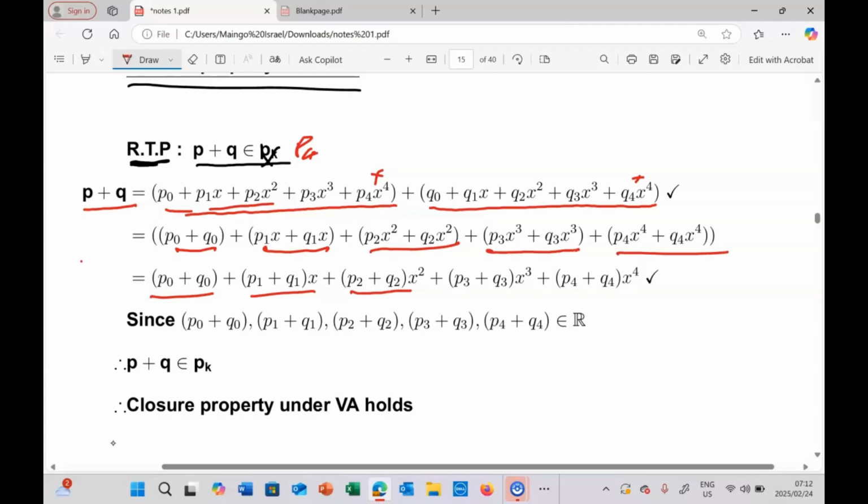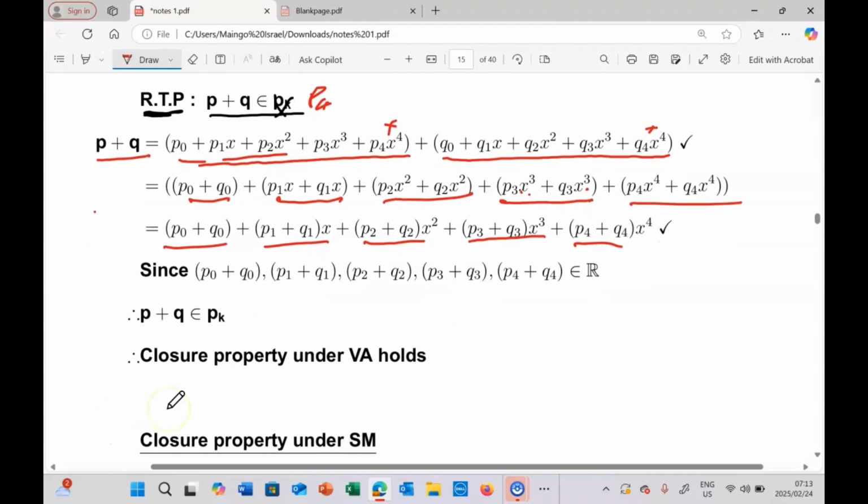Then we take out x cubed, giving P3 plus Q3 times x cubed. Then x to the power 4 is a common factor, so we take it out also, and have P4 plus Q4 times x to the power 4 outside the bracket.